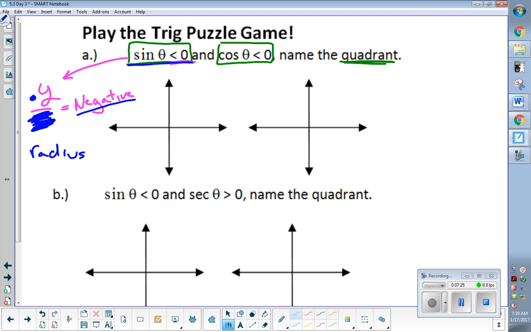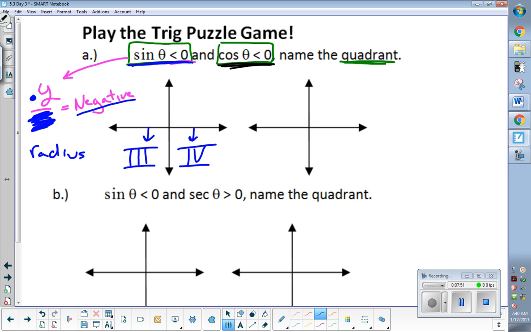In which of my quadrants is y going to be negative? Well, I have to go down for my y value to be negative. So the 2 quadrants that this one could be discussing are quadrant 3, where my y is negative, and quadrant 4, where my y is negative, because they're the down quadrants. So my answer is either going to be quadrant 3 or quadrant 4.